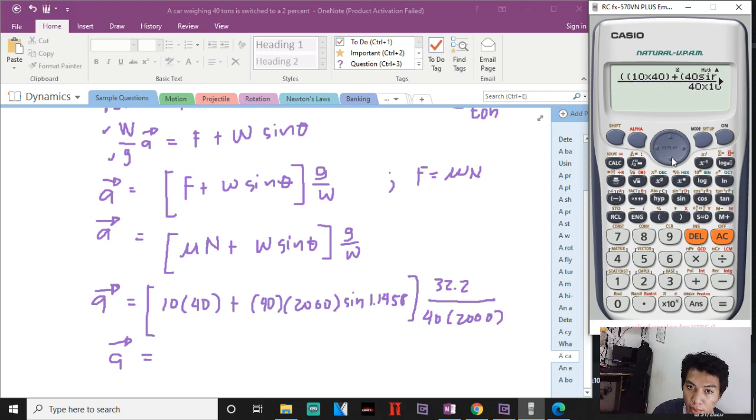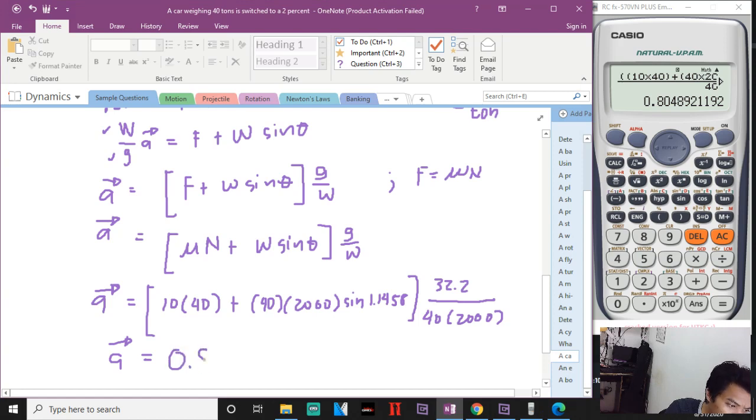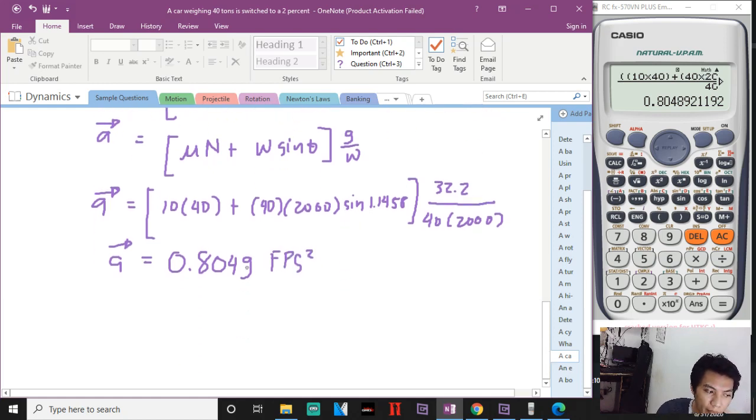Okay, so pwede natin siya masolve times 2,000. Solve na natin siya. 0 point, yan pa lang yung acceleration. 0.8049 feet per second squared. So yun.